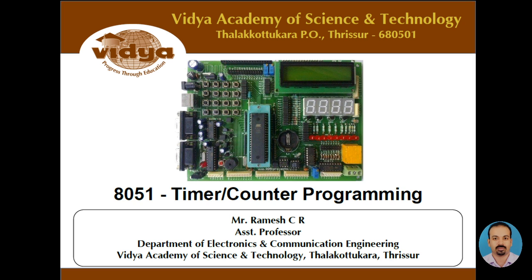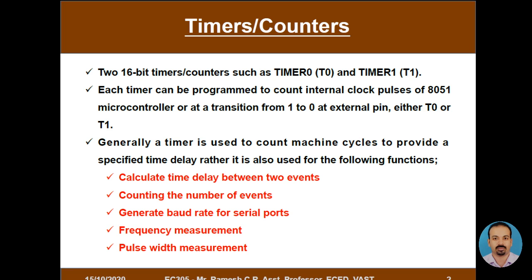So to begin with, we start the discussion on peripheral programming with the timer module. In the 8051 microcontroller, we have two 16-bit timers or counters, designated as timer 0, T0, and timer 1, T1. A 16-bit timer means this timer or counter module is capable of counting values from 0000H to FFFFH.